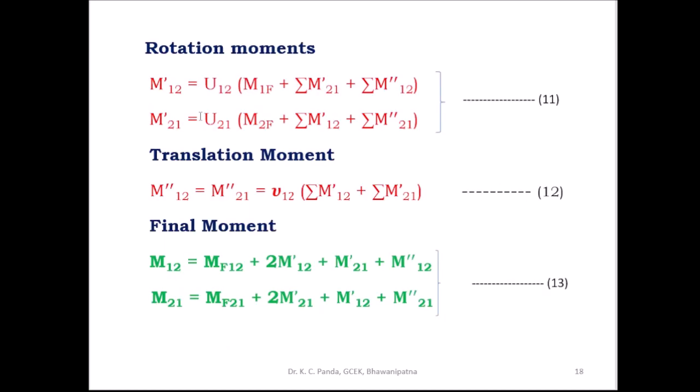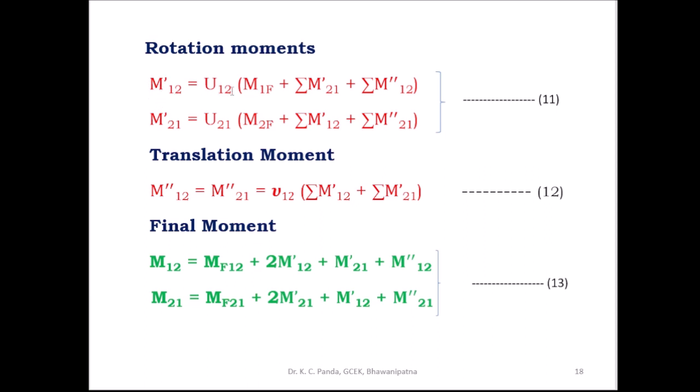This is the final summary. When the frame is subjected to the vertical loading with the lateral translation of joints, this is the formula used to find out the rotation moment.